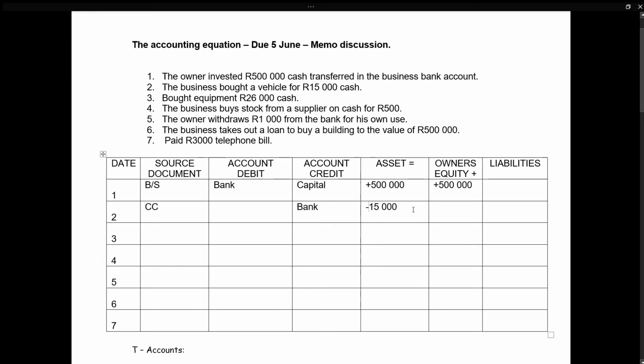Vehicles will be debited. Right, vehicles. Oh no, bad typo. Vehicles is an asset, it will increase, therefore plus 15,000. There you go.